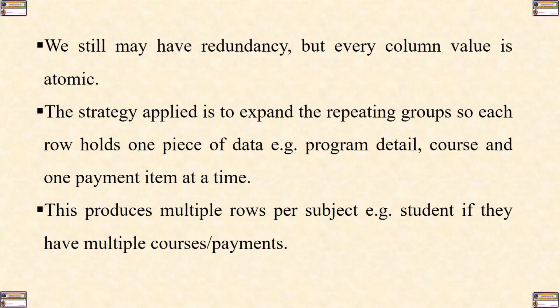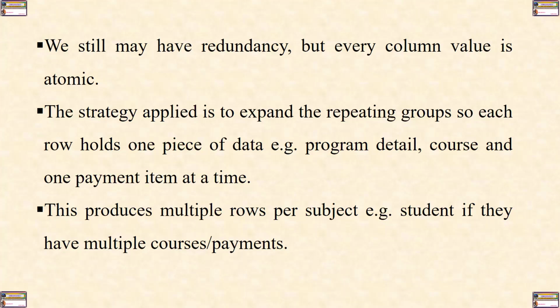For example, if a student has multiple courses or payments, we split those courses. Like we have seen in the two examples I've given, Jane has two courses, John has two courses.